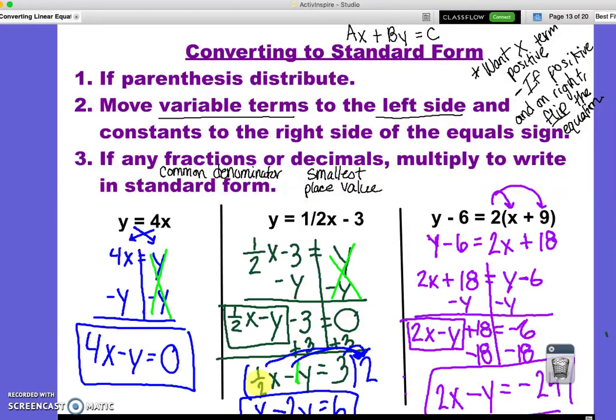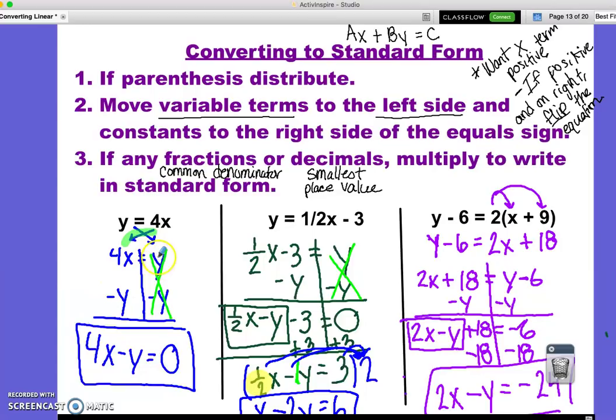So looking here, the first thing I see is that my x term is on the right side. Because I want it to be positive, I'm just going to flip it. So I bring the 4x to this side and the y to this side. Next, if there's parentheses, you distribute. There's no parentheses. Next, I want to get all of my variable terms to the left side.